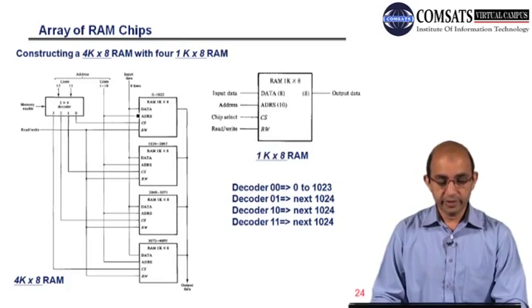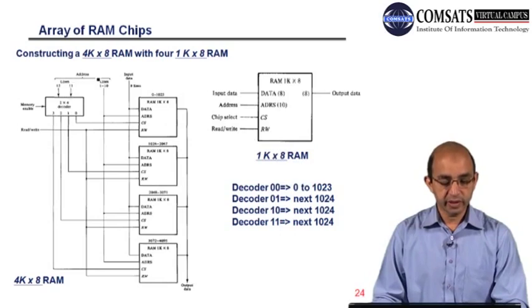So this is data, this is for address, this is for chip select, and this is for read and write. Because we are having an array of RAM chips, we have another circuitry, that is a decoder. This is for memory enable. And here we have dedicated the 2 most significant bits to the address decoder.